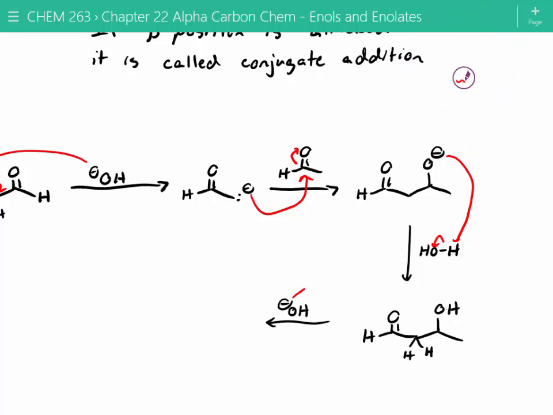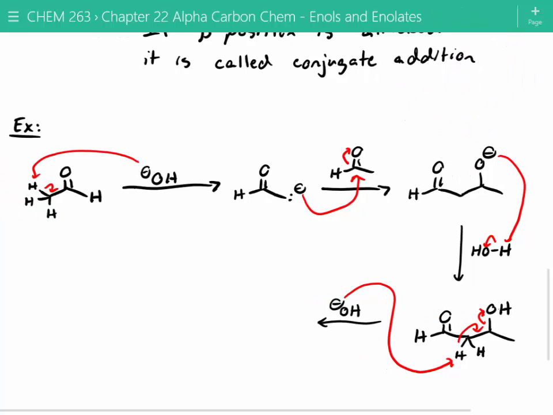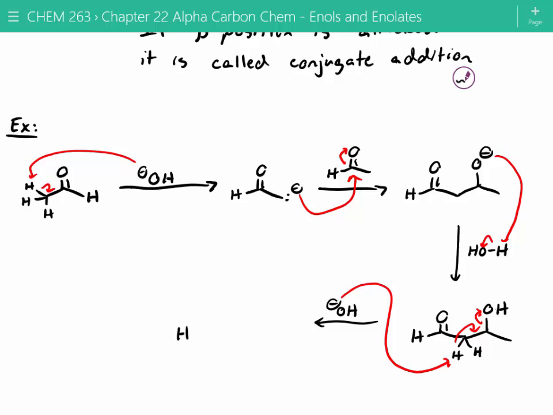So this hydroxide can come around, grab these, clamp down, kick off hydroxide, and we end up with our alpha-beta unsaturated aldehyde. Right? So this is review from our aldol chemistry section.